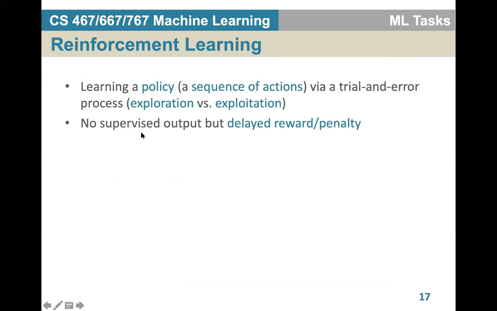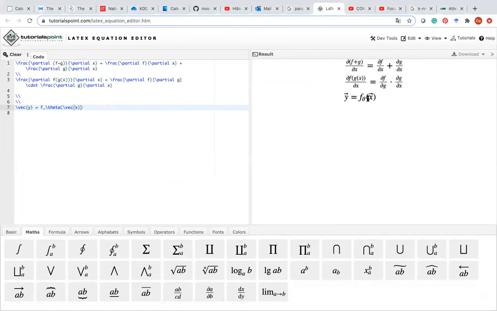There's no supervised output directly. In the previous example, we have only X, a vector X1, X2. Now in reinforcement learning, you have X1 and a sequence of actions, 3, 4, something like this, and finally you know whether you win or not.